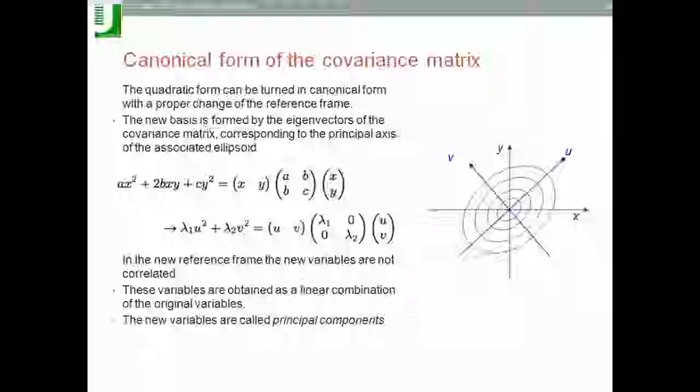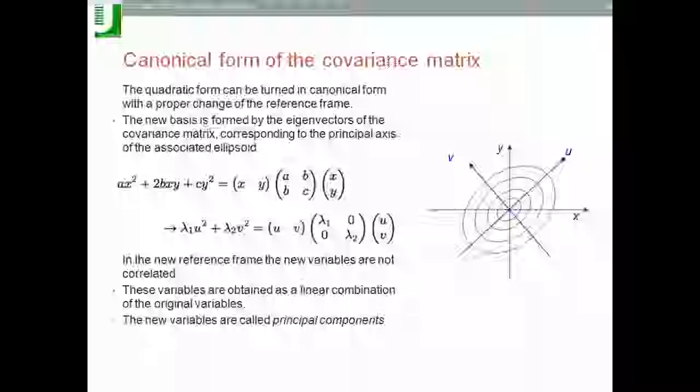So this is the idea: to introduce, in the vector space describing the multivariate data, a new basis formed by two orthogonal vectors. In this new basis, the covariance matrix is uncorrelated, and the ellipsoids of isovariance points can be written in a canonical form.